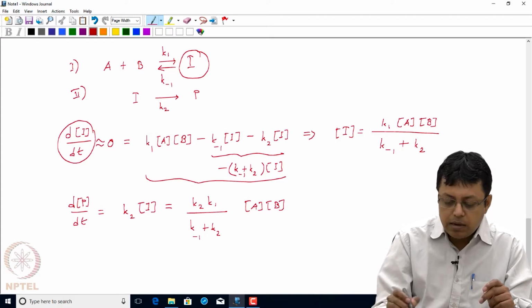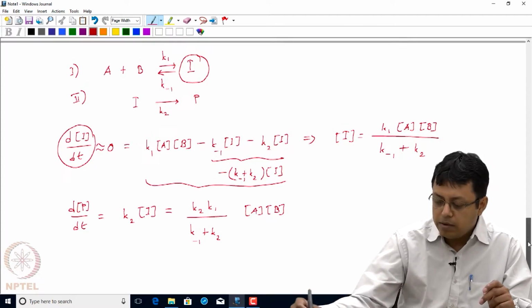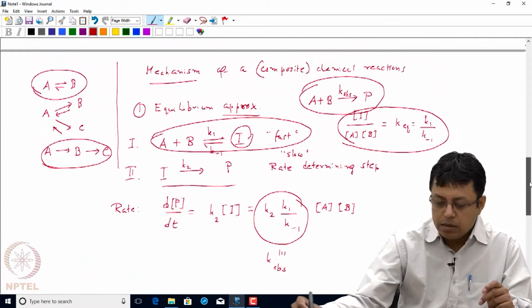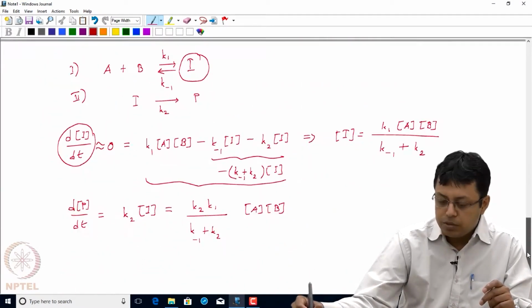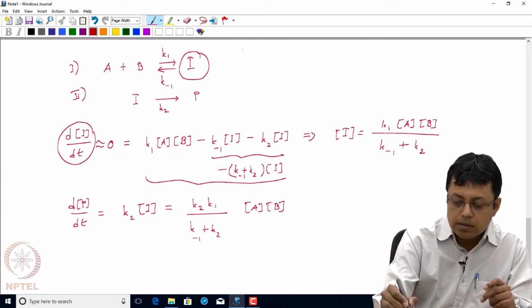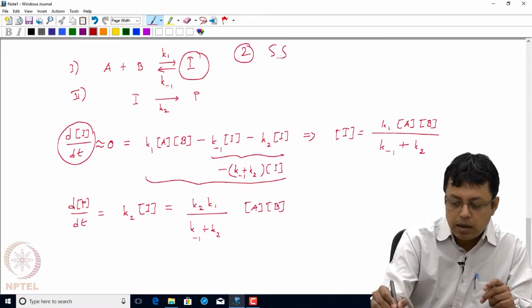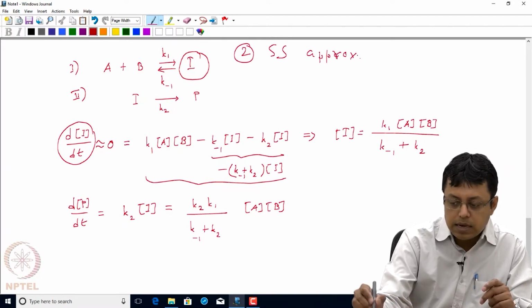Now you see that the rate laws which we derived using the equilibrium approximation and the second approximation, which we already called the steady state approximation, are slightly different.